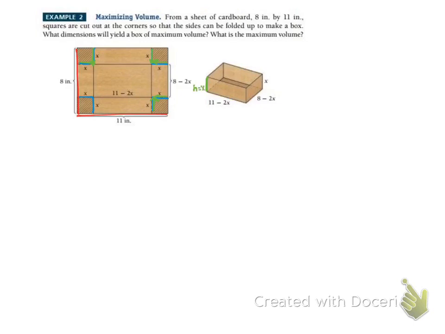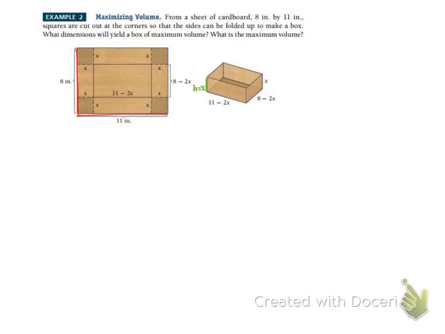And the dimension of the height will be x, because it's coming from each of these pieces being folded up. So now we need to find all three dimensions of this box over here. We found the height, which is x. So now we need to find the length and the width.